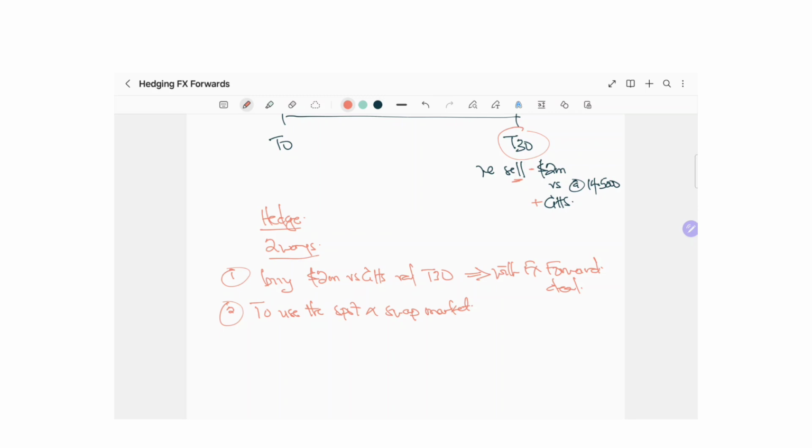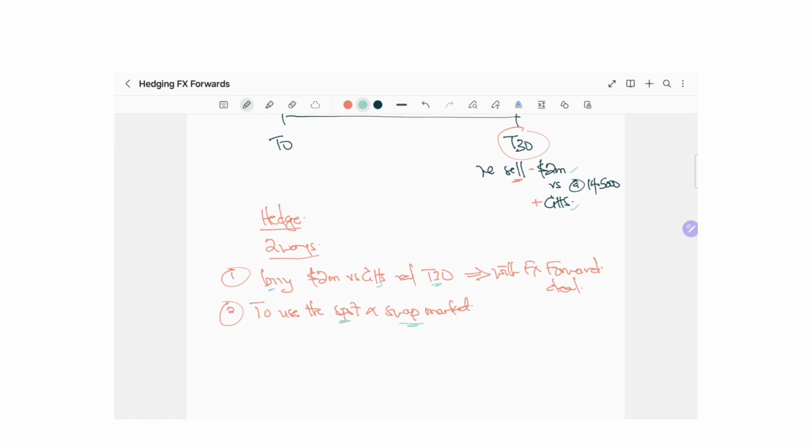We said first you could buy forward to hedge the exposure, such that in 30 days time, because you've bought $2 million, it comes in and you are able to sell it. Because you are selling CD, you receive CD here, you pay it off here, you are done. Now we can use the spot market and the swap market to also hedge this exposure.